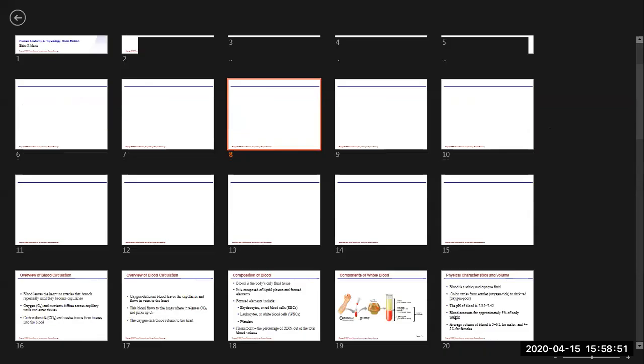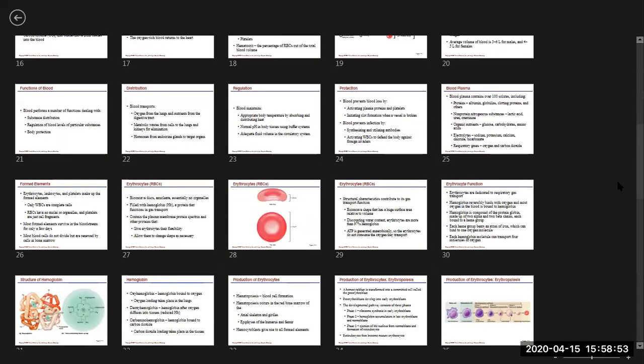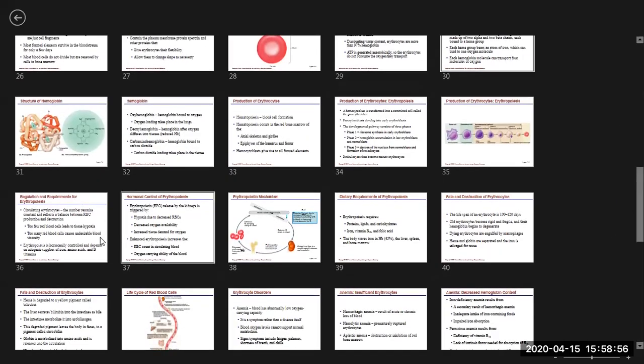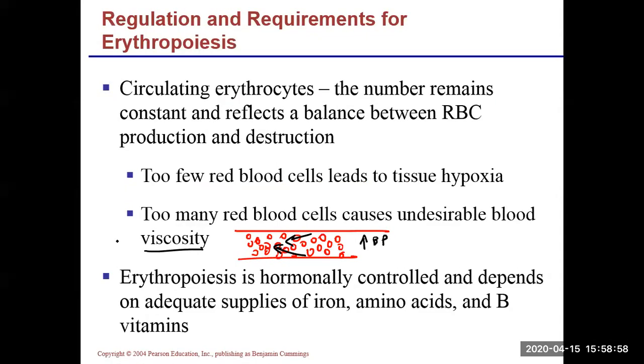That's the idea. That was about too many red blood cells. Another problem is when you have too few. If you have too few red blood cells, you might develop what's known as hypoxia. Hypoxia is a condition when the tissue is lacking oxygen.